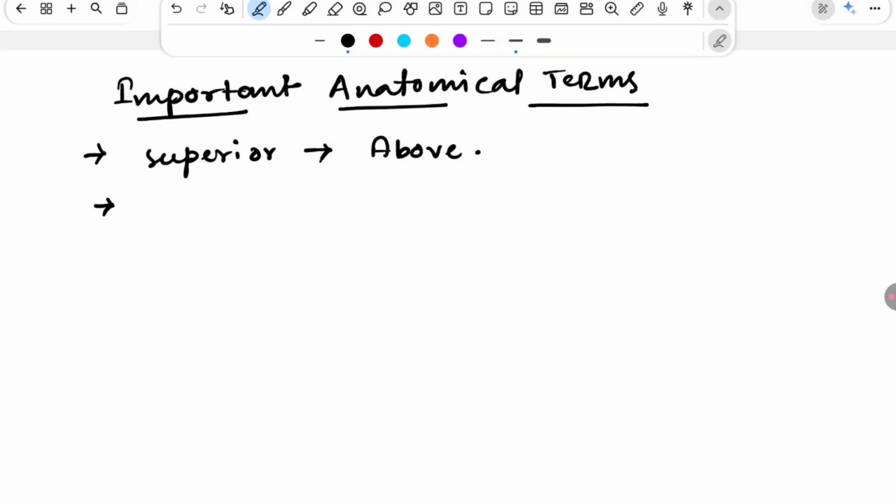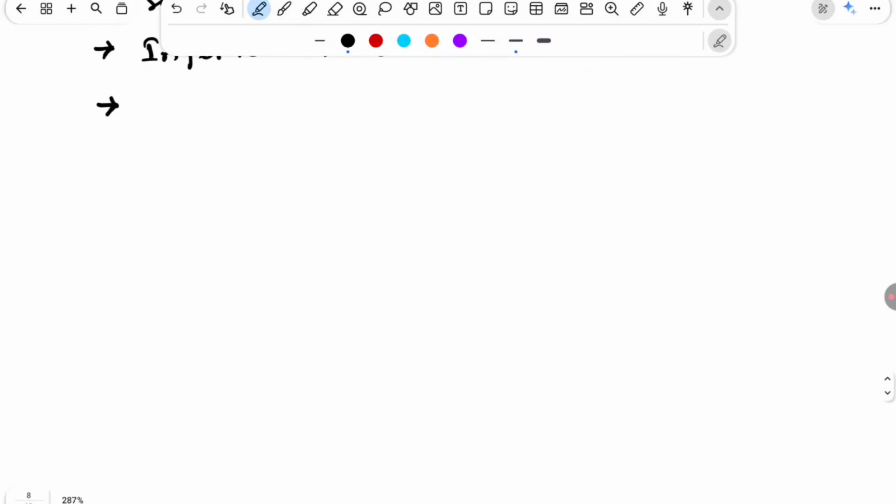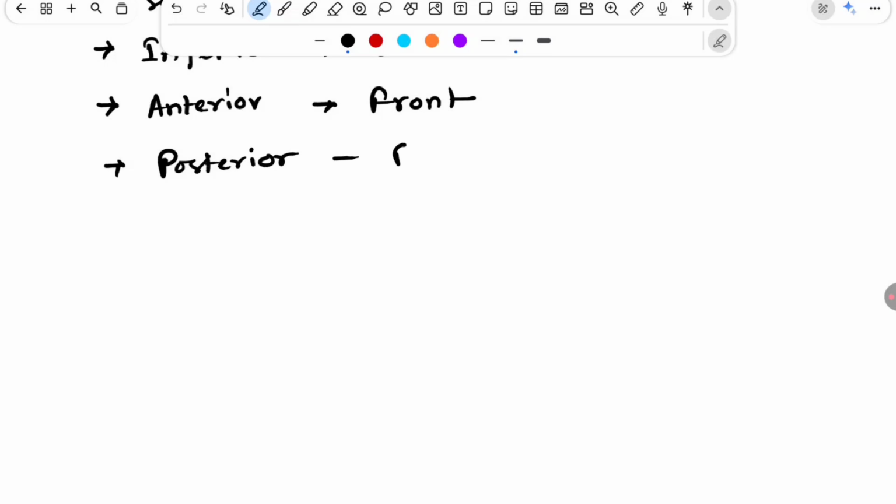Next one is inferior. Inferior means below. Next one is anterior. Anterior means front. Next one is posterior. Posterior means back. Next one is medial.